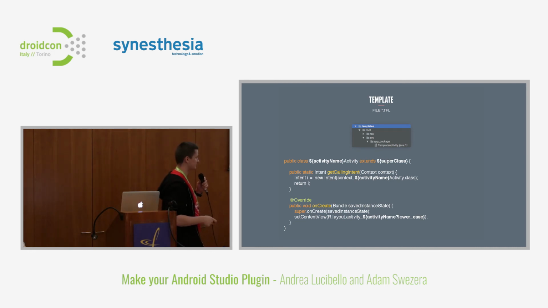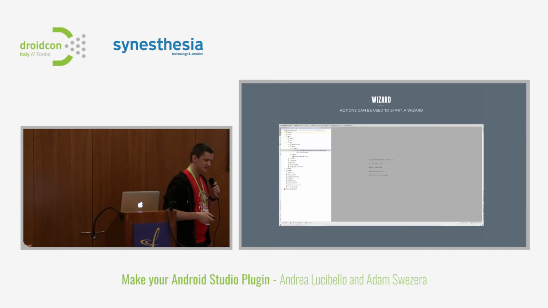Okay. We can also use actions to open wizards. This is a great tool if you have a complex process and you want to divide it into many steps. We open one now. Go to Droidcon, wizard. This is a basic example, so we want everyone to understand it.